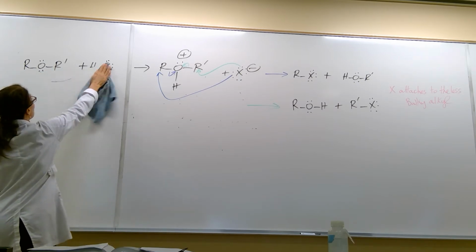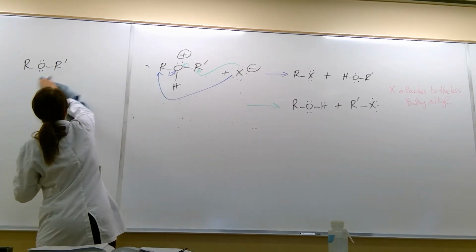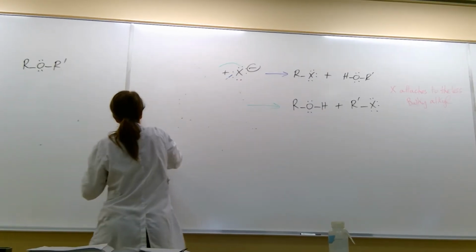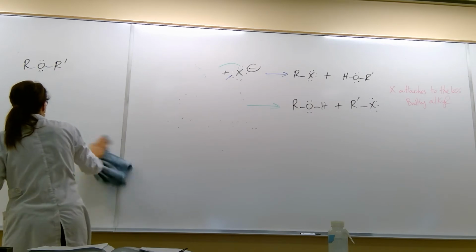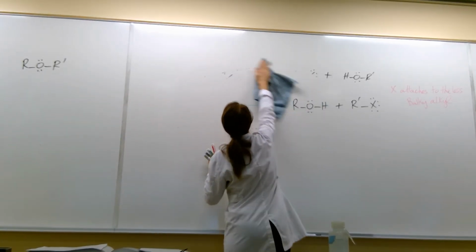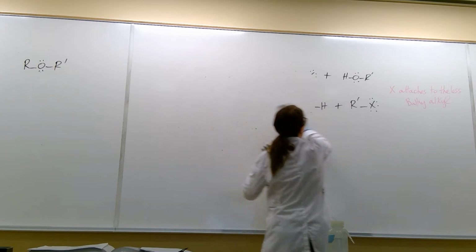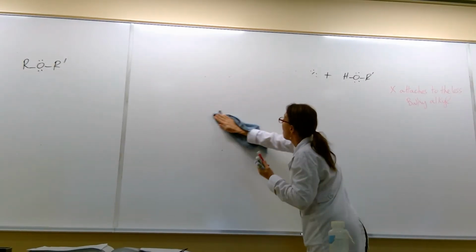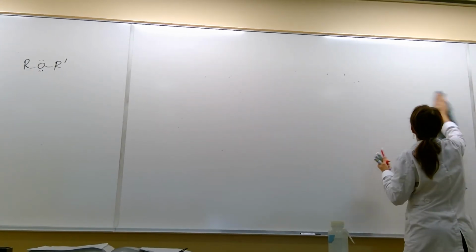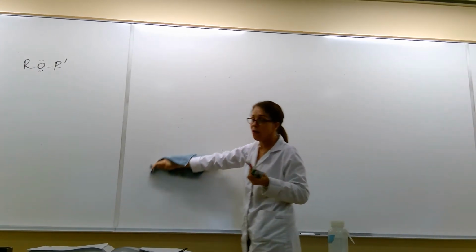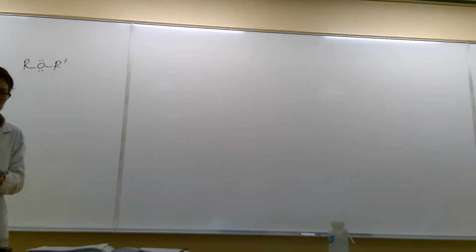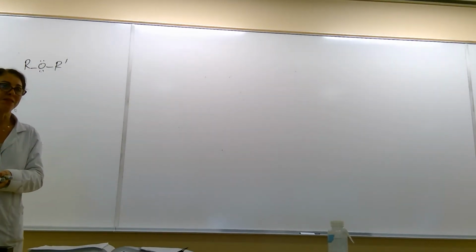So let's put something else. Okay, so what is the other one? Let's try the Lewis acid. So I'm going to use the sulfonyl chloride, just any one of them.